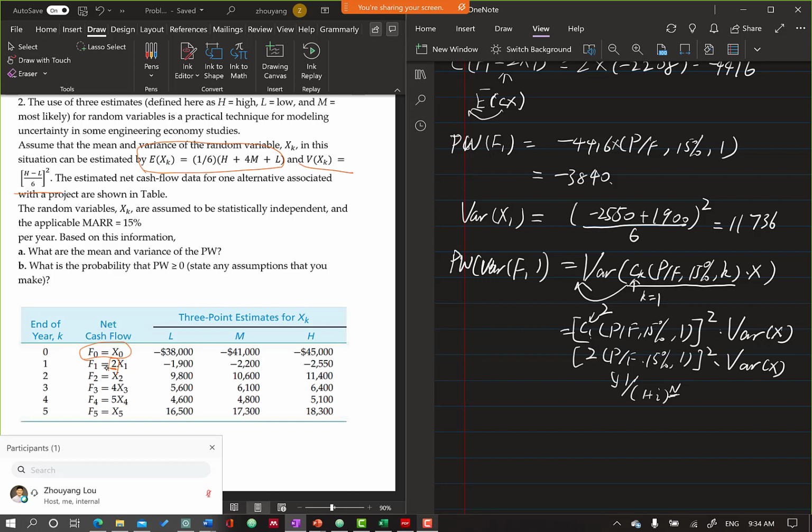When you take the square of that, it's just going to be 1 over 1 plus i to the power of 2n, which means this expression is equivalent to 4 times p given f hurdle rate, 2n, times the variance of x.